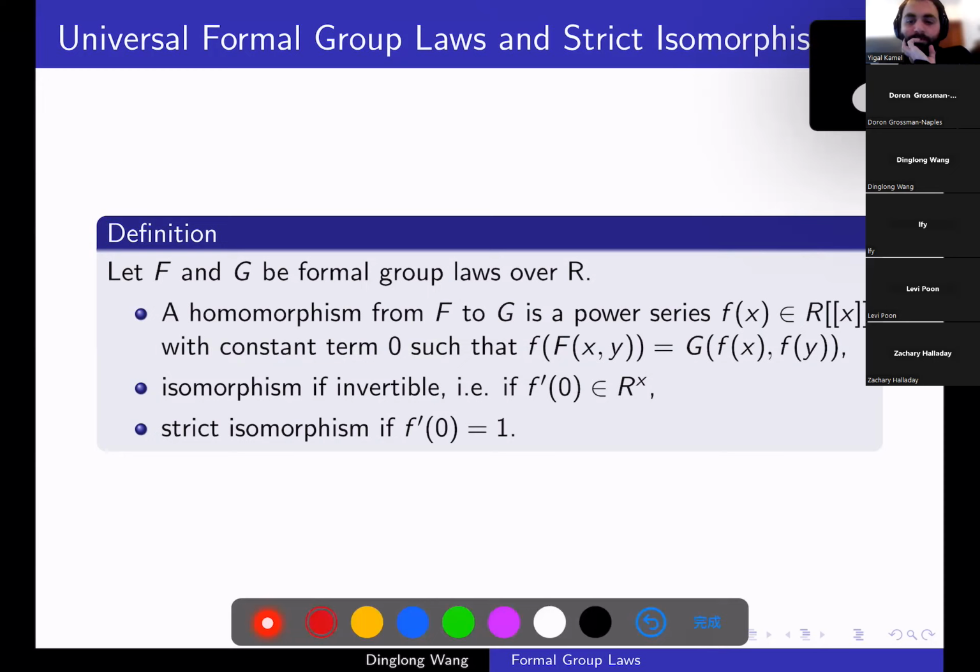It is an isomorphism if it is invertible with respect to composition, i.e., if the coefficient of x is a unit, and it is a strict isomorphism if the coefficient of x is actually 1.